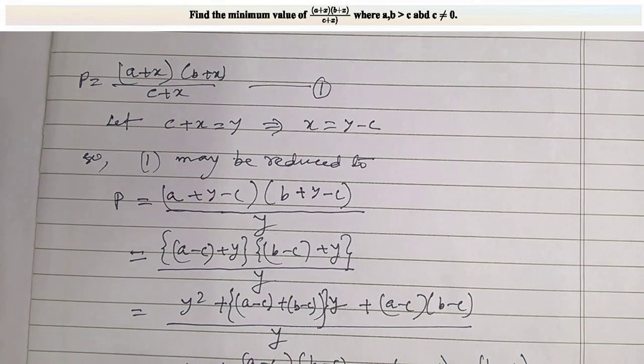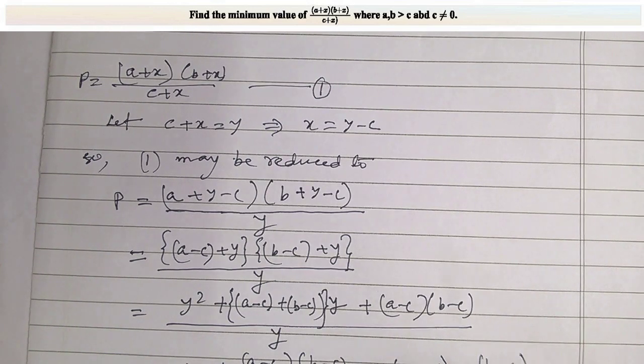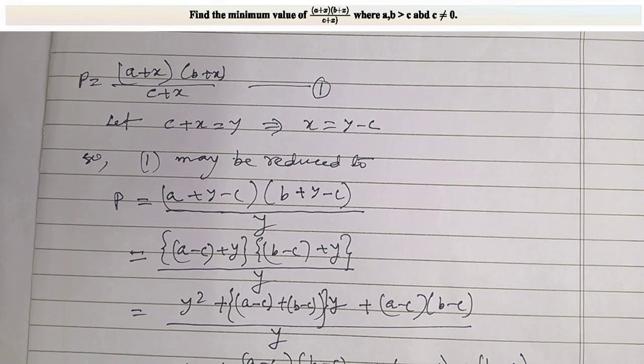Now if we express this in terms of a whole square, then the expression is divided into two parts, variable parts and constant parts. So write here y minus root over, to express in terms of a whole square, we should write here this square.